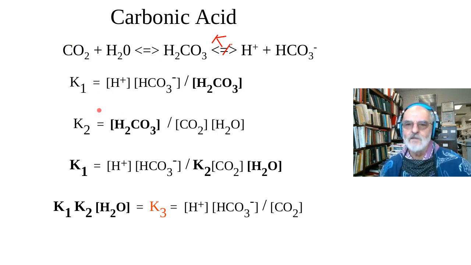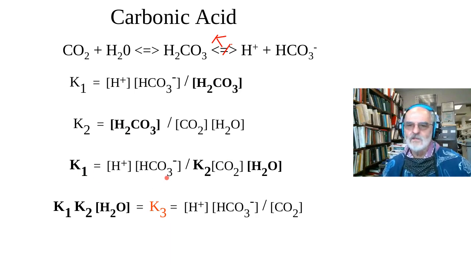And then the first equilibrium can be written down as carbonic acid is the product and CO2 and water are the reactants. So if we combine these equations by solving for carbonic acid in terms of K2 times CO2 and water, and then plugging that into the first reaction, this is what we get.